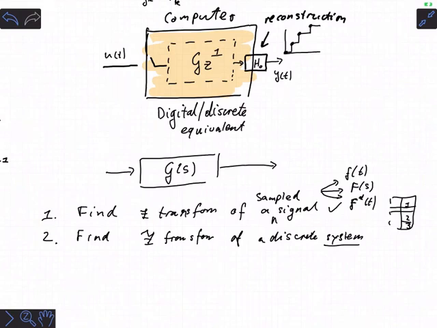So I'm thinking about problem statements: when you look at it and you know you're supposed to end up with a Z transform, they give you one of these things. If they give you a continuous function of time, or a sampled signal, or a system that is already in terms of difference equations, you already know how to do these problems. That's what we've been talking about this whole week.